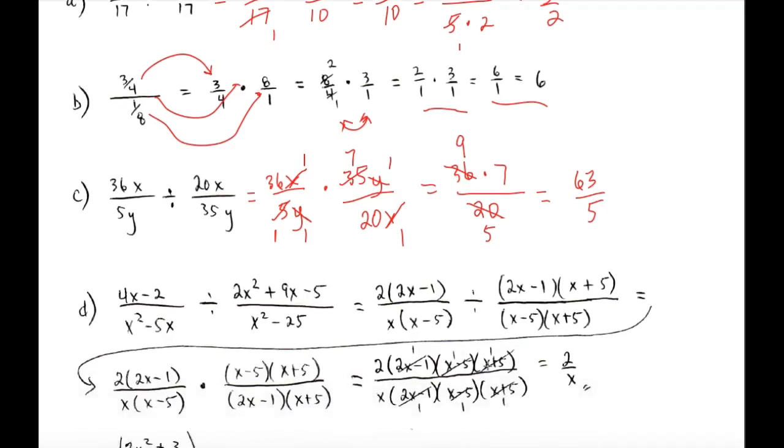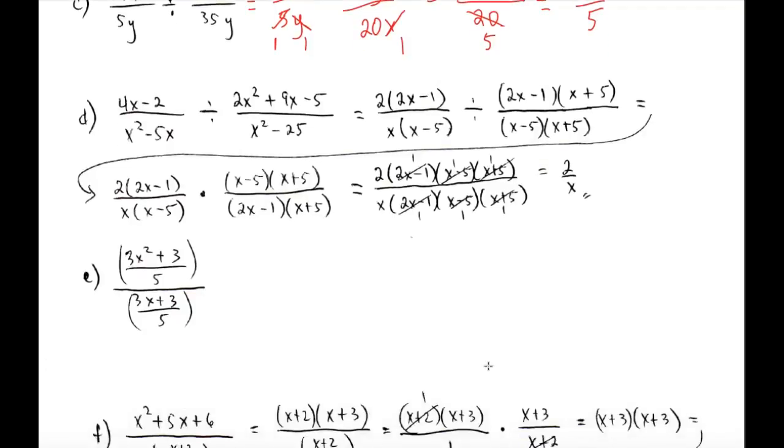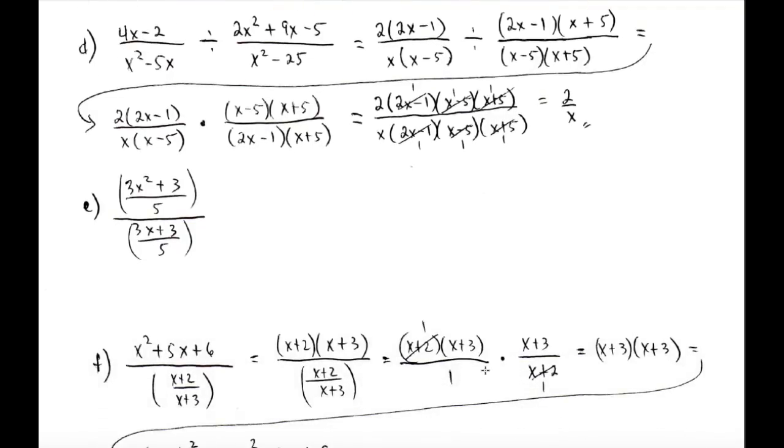All right, moving on to the next examples. So we see that for example D, we have this particular rational expression here. And so we go ahead and factor out a 2 in the numerator of the first rational expression and factor out an x in the denominator.